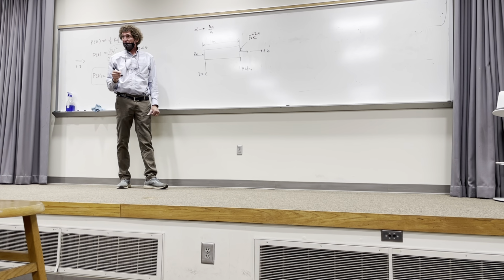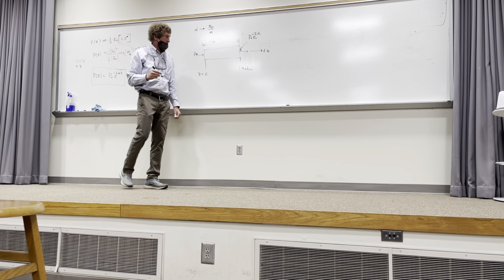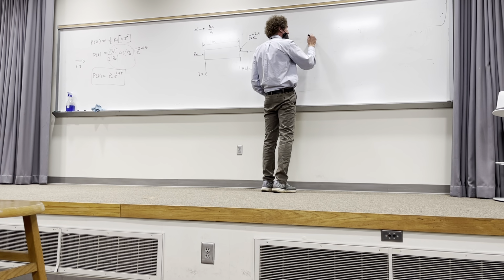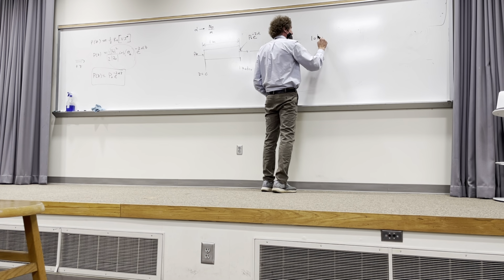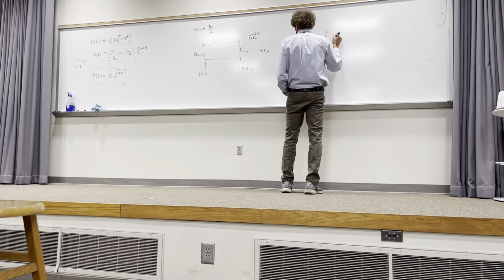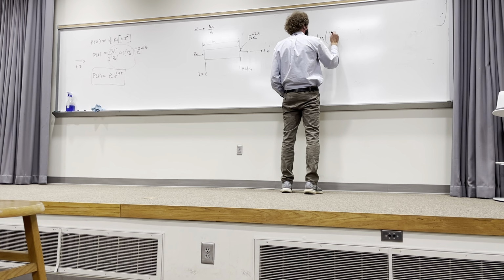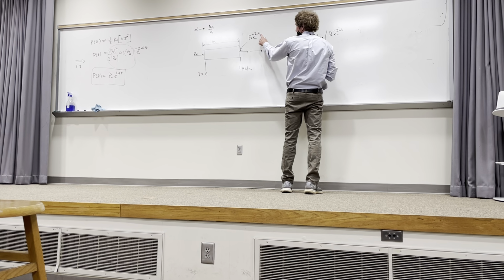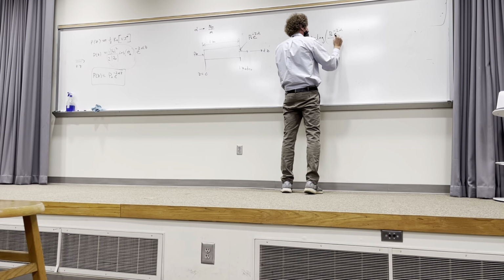Now, if we want to find out how many dB per meter the difference would be, in terms of dB it would be 10 times the log base 10 of the output power, which is P0 e to the minus 2 alpha, since z is 1, divided by just P0.